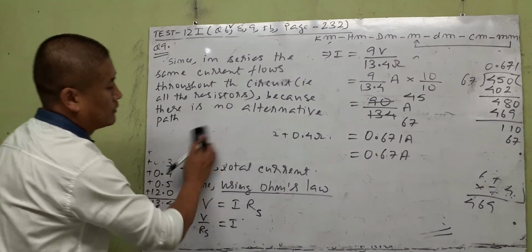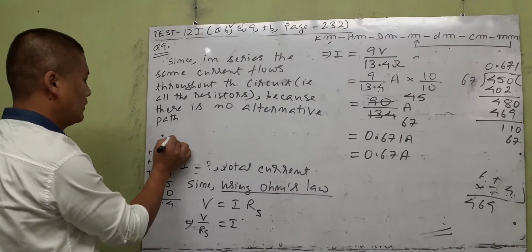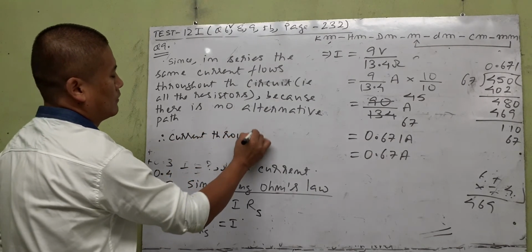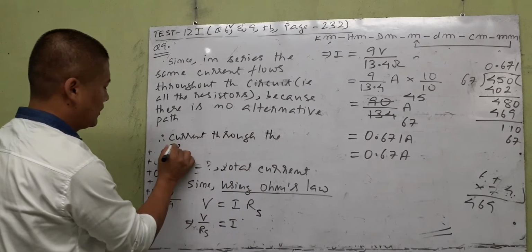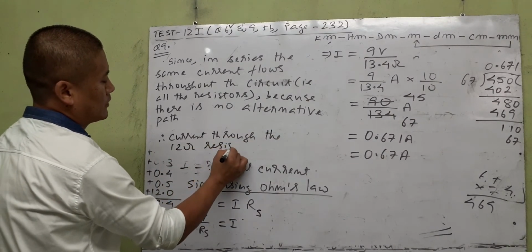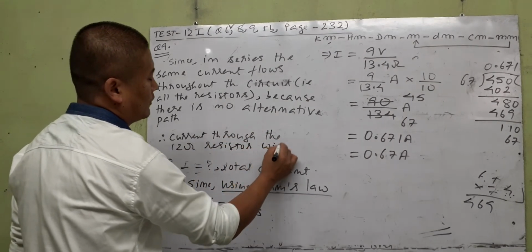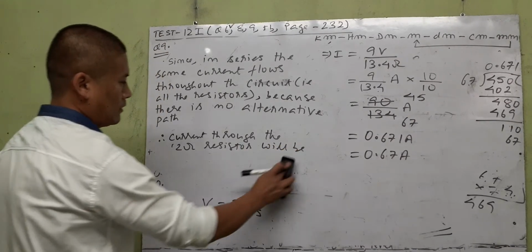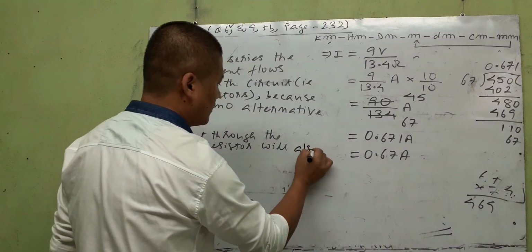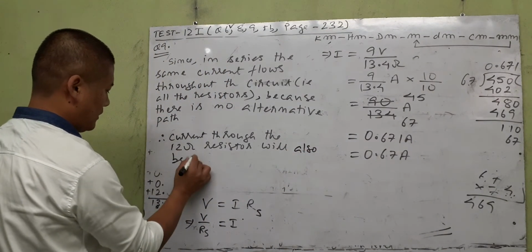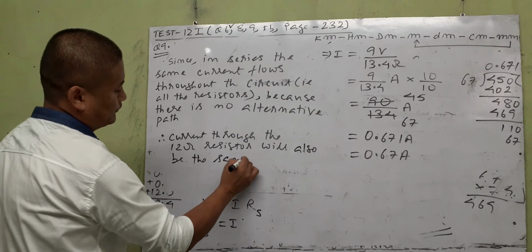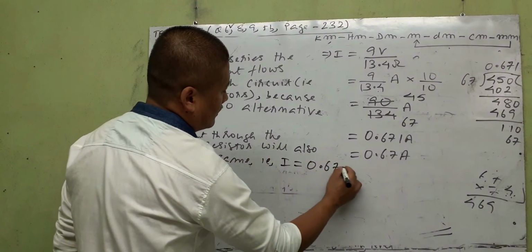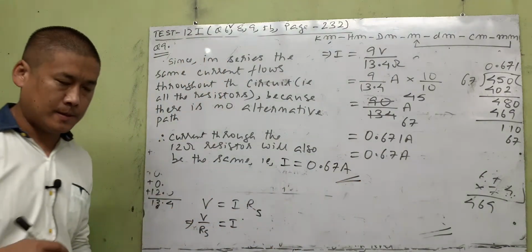So your final answer will be, therefore, the current through the 12 ohm single resistor will also be the same. That is I equal to 0.67 ampere. That's your answer.